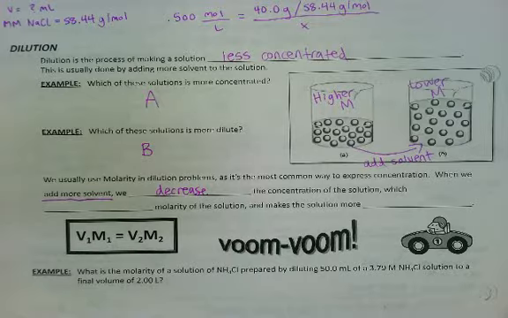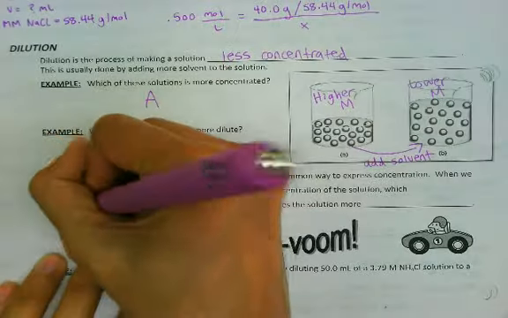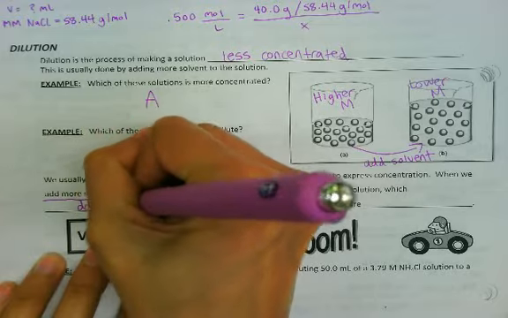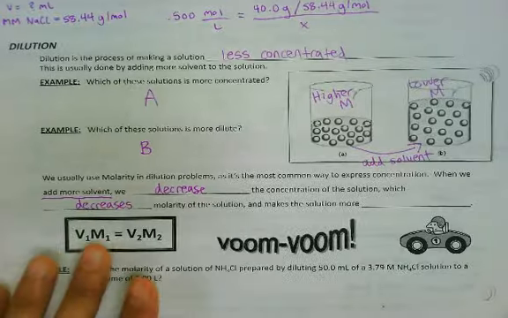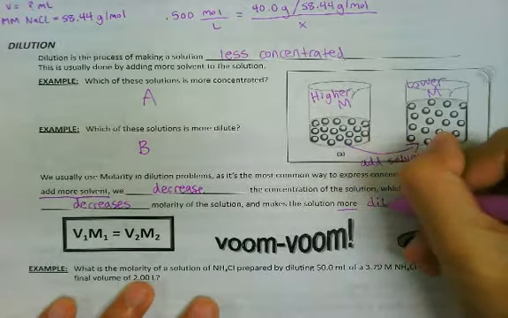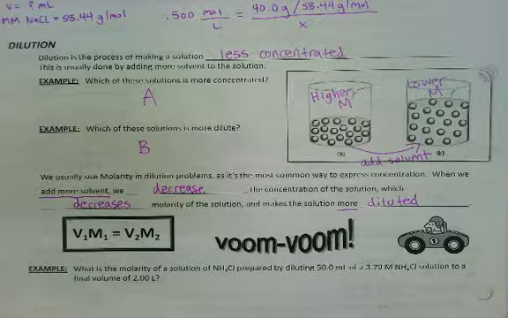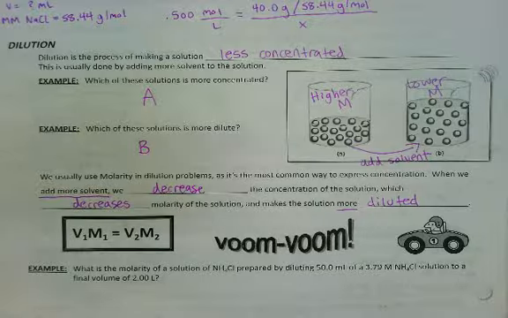Increasing the amount of solvent decreases the concentration, which will decrease the molarity of the solution and makes the solution more diluted. So if you want to make a solution more dilute, you can add more solvent.